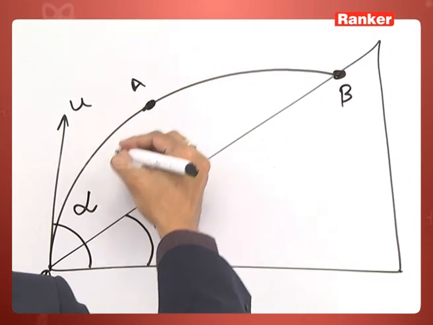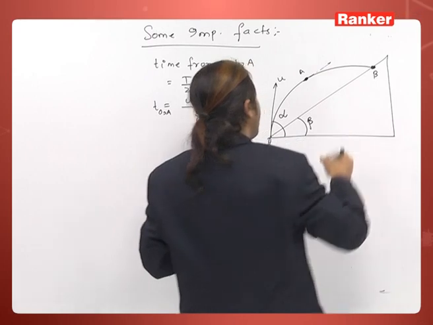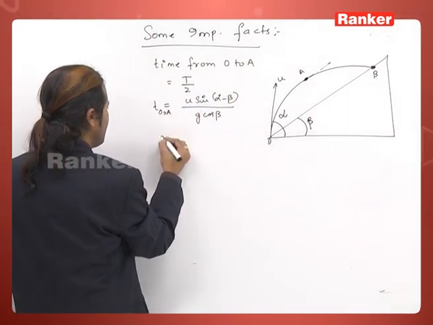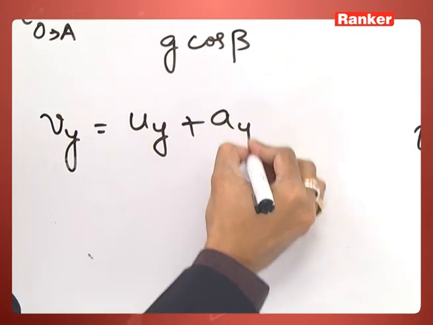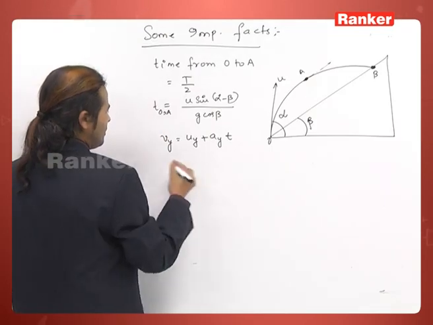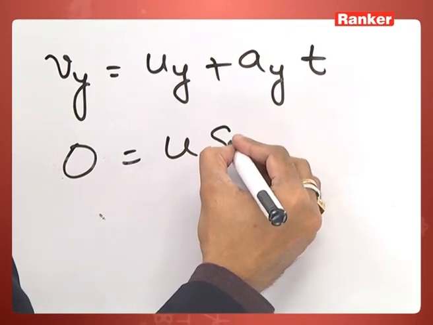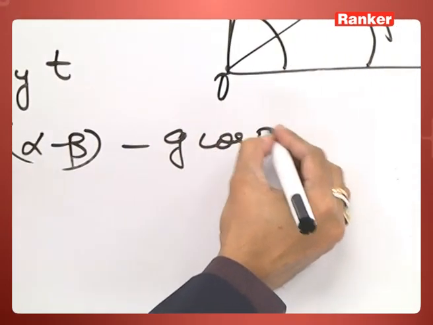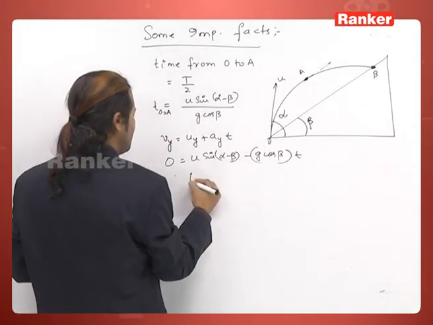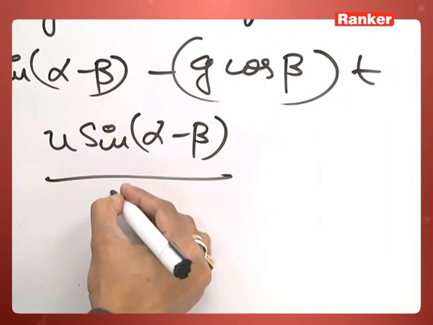At point A only it has this component, so the y component becomes 0. So I can write Vy is equal to Uy plus Ay into t. So Vy is 0, Uy is u sine alpha minus beta, g cos beta into t, and t is equal to u sine alpha minus beta divided by g cos beta.